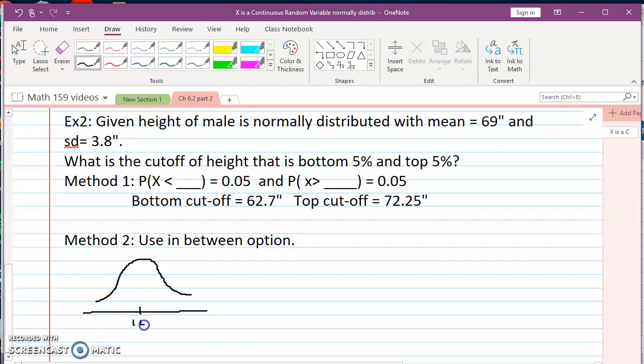So what happens is we would draw this picture and you say, well, I have 5% here. This is the left and this is the top.